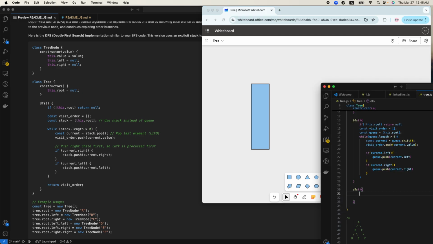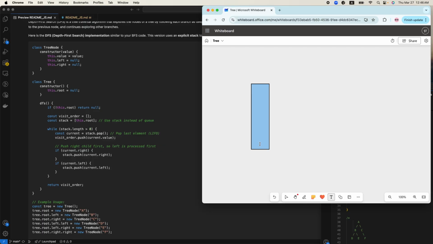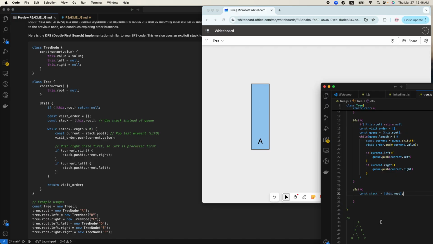First I create my stack, const stack equals, and immediately we insert the root node inside our stack, this.root. That means A is added here. Okay, so we added A, the root node.